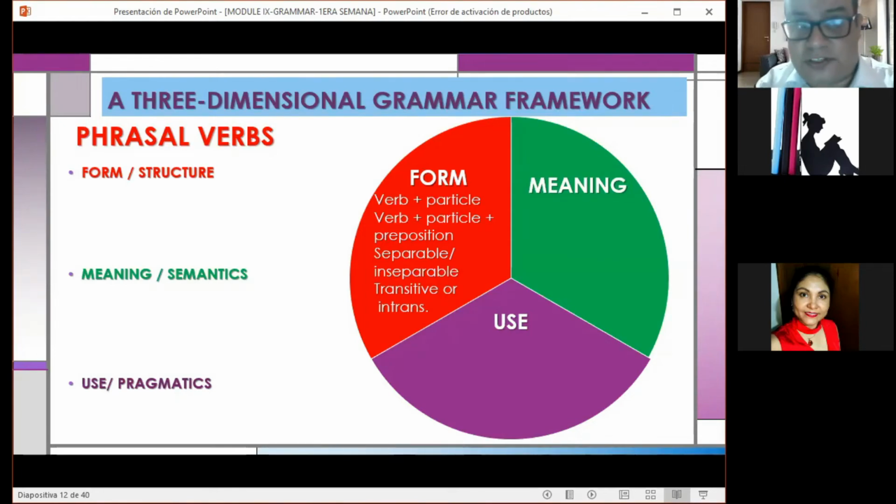Get up, because it's part of the verb. These two words have just one meaning. We don't have two meanings. If they were separated and it is a preposition, we have two meanings. But we don't have two meanings. We have one meaning. Get up means one thing.